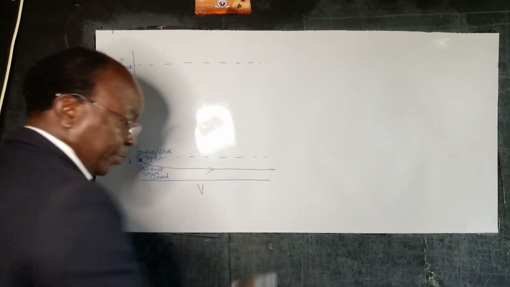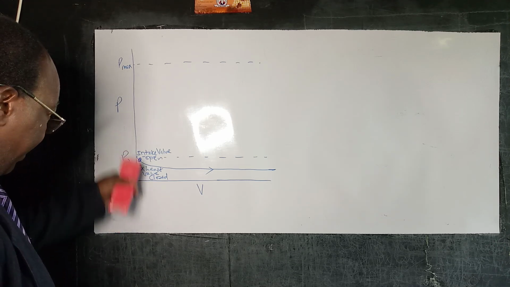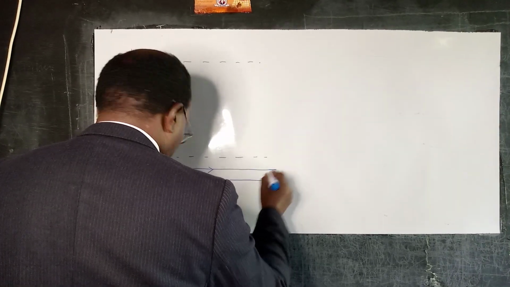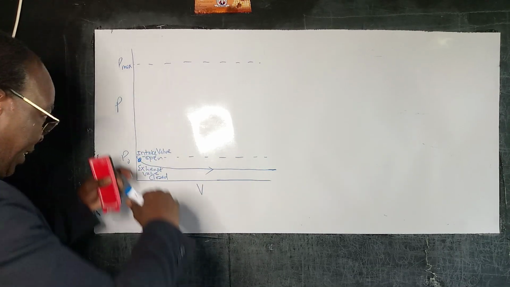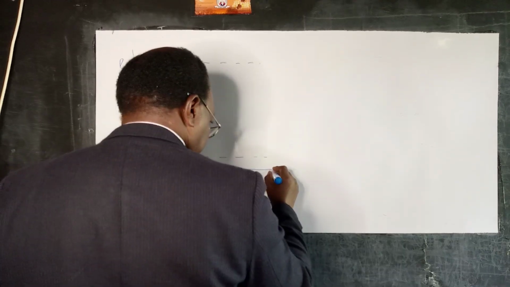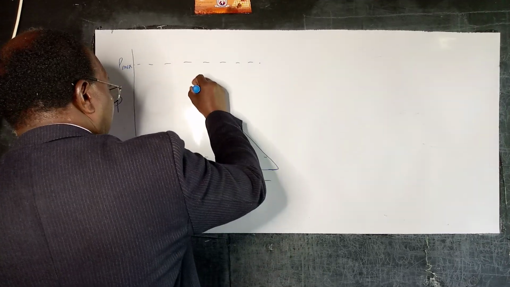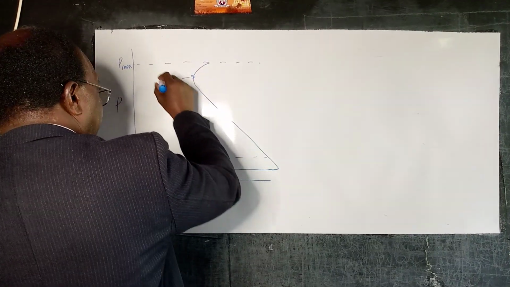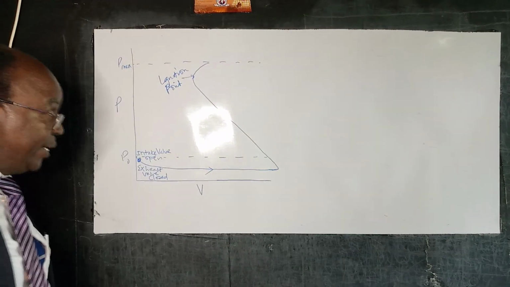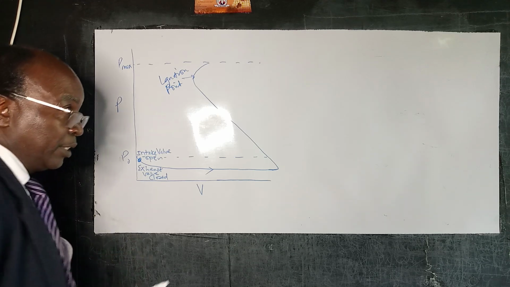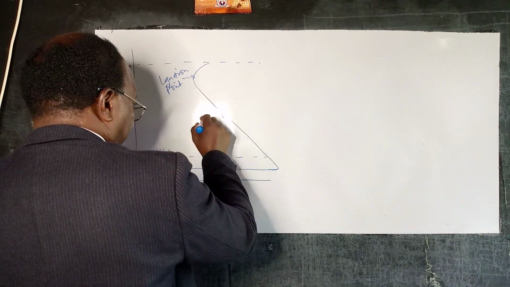Then near the TDC, we have the intake valve. We are taking in the fuel mixture till about the BDC. Then we have compression. Let's say we have ignition at that point. That's where you ignite that mixture using the spark from the spark plug. This is compression.